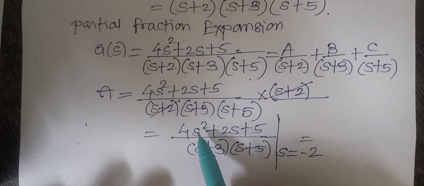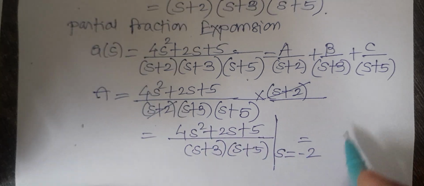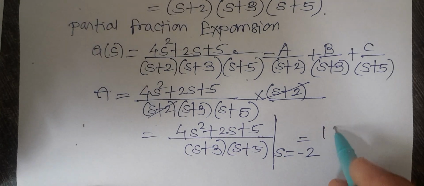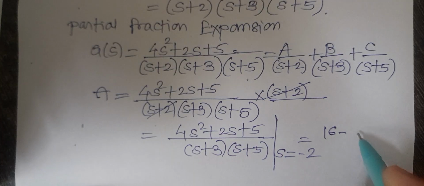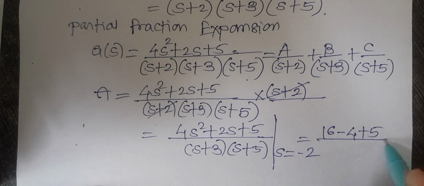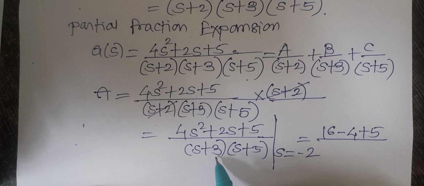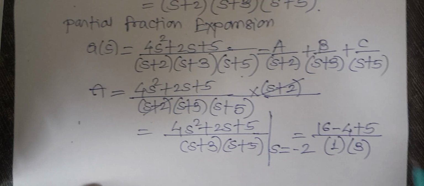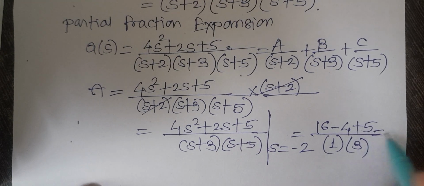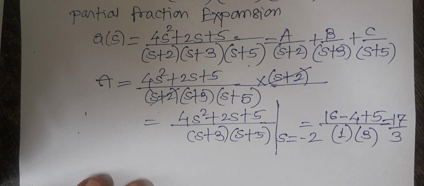So 4 into 4 is 16, minus 4, plus 5, divided by 1 into 3. We get 17 by 3.